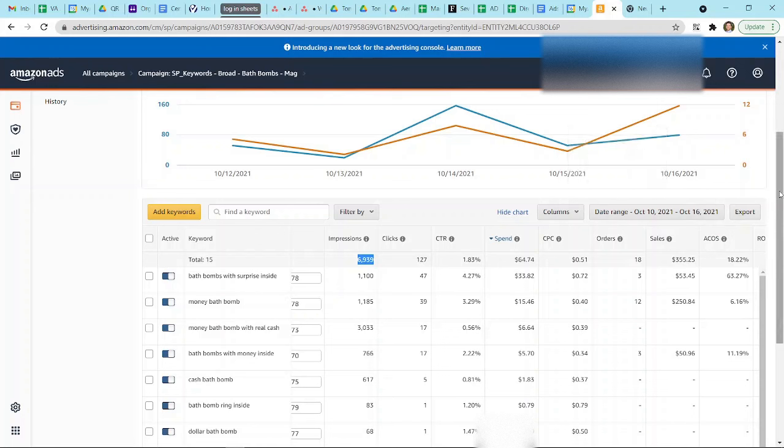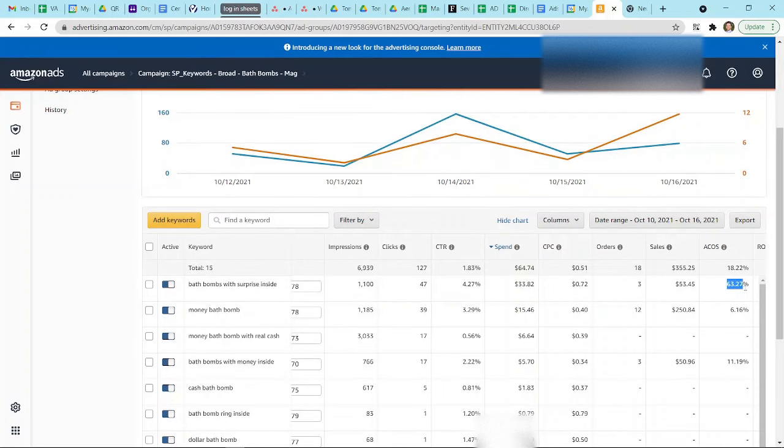So that can affect your organic keyword indexing. It can affect your organic ranking and how well your product does non-ad spend. So it's important to keep that in mind and not only look at ACoS in a vacuum. Yes, ACoS matters, but you want to take it in collaboration with all the other statistics.